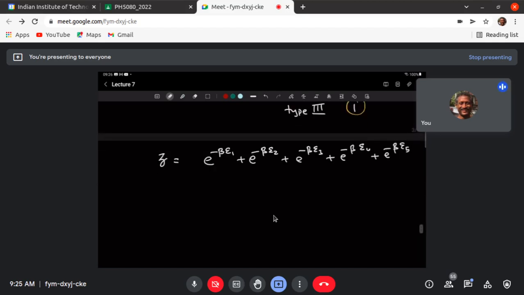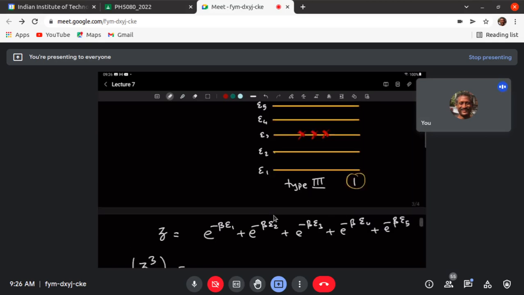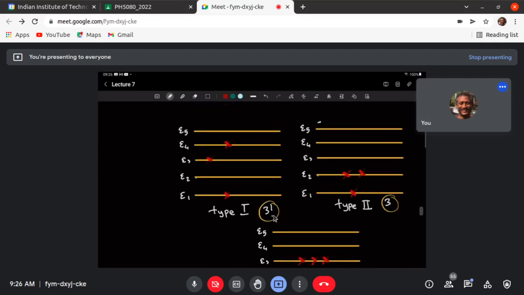Now if you look at z cubed, and look at its expansion, you will find, for instance, let's look at how a term like this will come: epsilon 1 plus epsilon 3 plus epsilon 4.